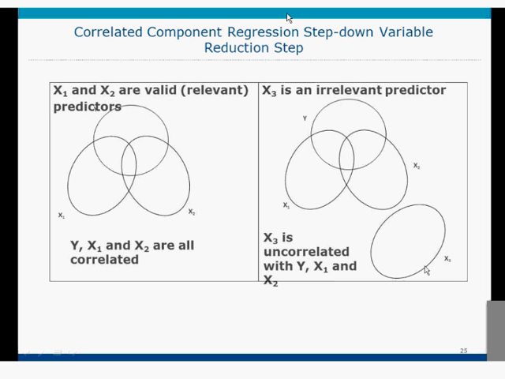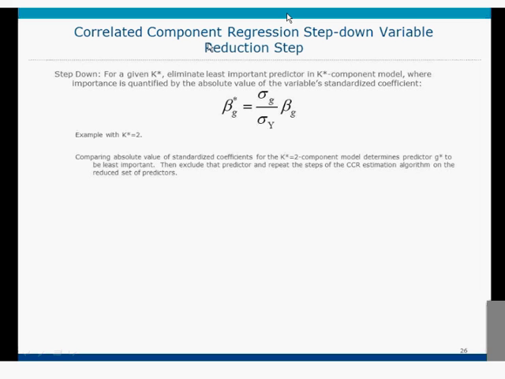So the question is, how do we know when, in fact, we have such predictors that should be omitted? Okay, so the way that the step-down algorithm is implemented in correlated component regression is for a given number of components, we start with all predictors in the model. And then we eliminate the least important predictor in that model, where importance is quantified by the absolute value of the variable's standardized coefficient.